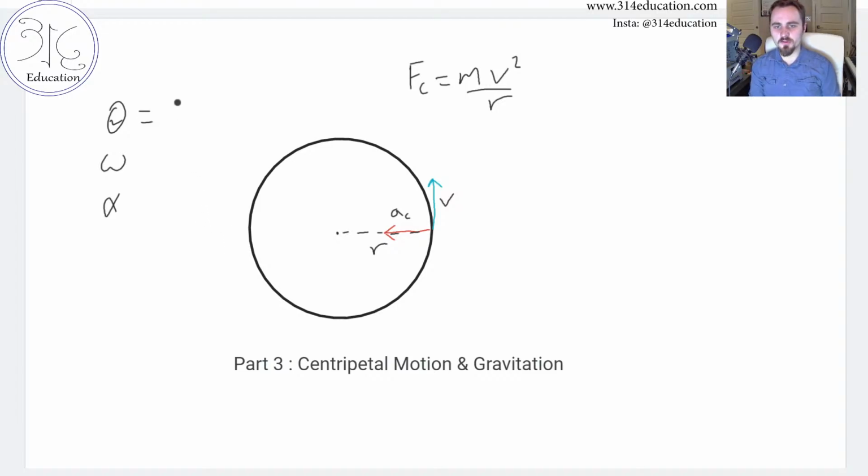These are a corollary to our linear motion quantities, which would be position or arc length, velocity, and acceleration. That being said, these aren't going to come up in this unit. That comes up with torque and rotational, which is actually the last unit that's going to be tested this year on the AP Physics 1 test.